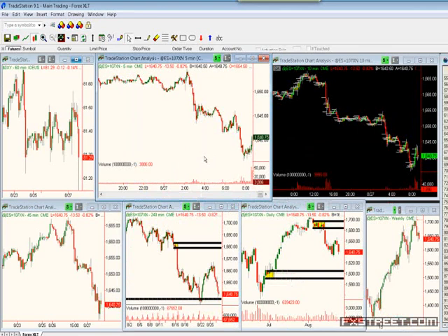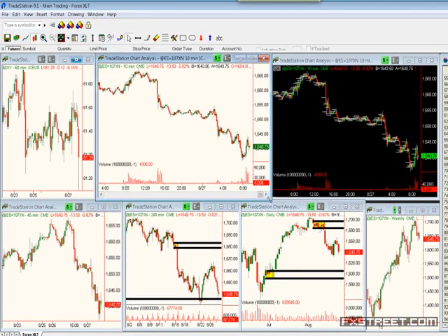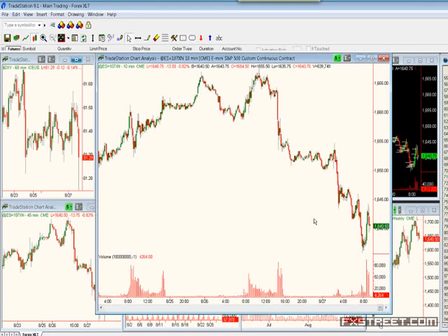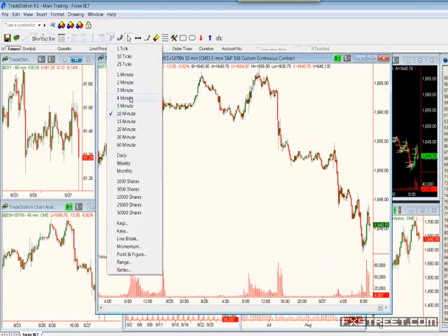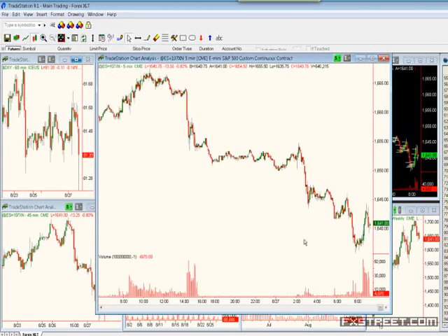When we come down to the smaller time frames here, let me just blow this up a little bit. There's really not a whole lot down here. If I put a horizontal line in here, it's almost not even worth doing because there's just not much there.